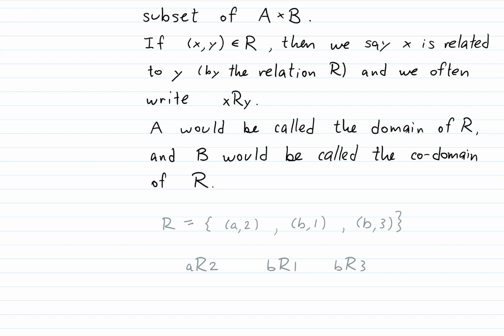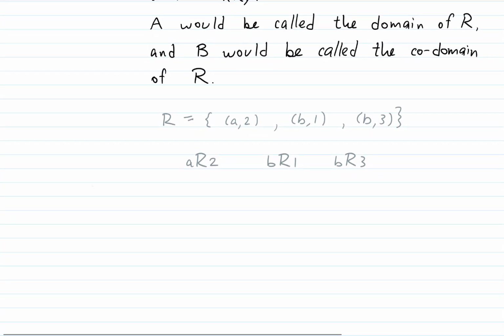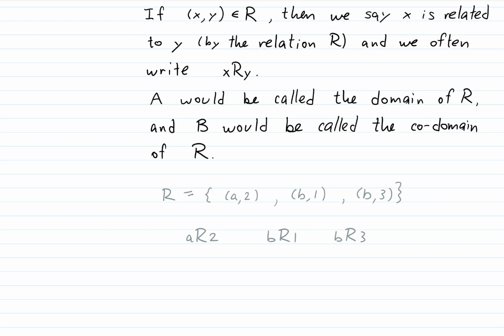Here's another example that I think might be a little bit more straightforward, because this will just be numbers. Okay, let's do a new example here. I'll just erase that old example. Let's say that A is the set of 1, 2, and 3.